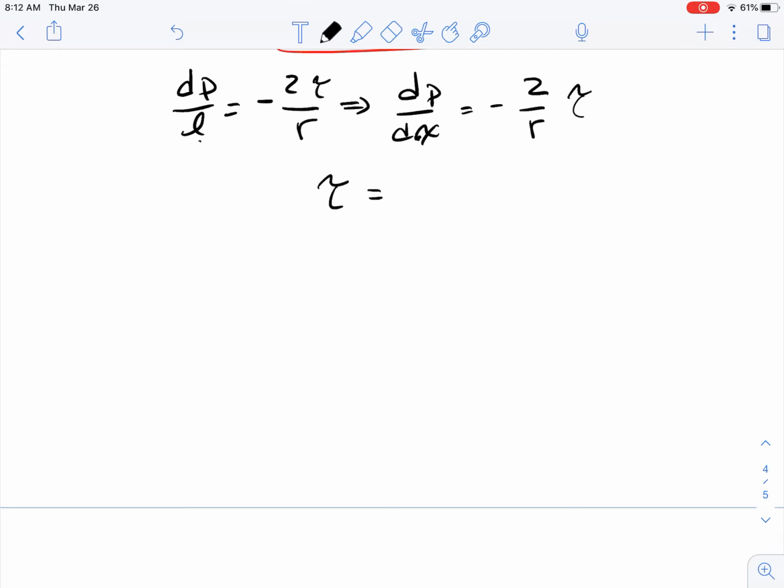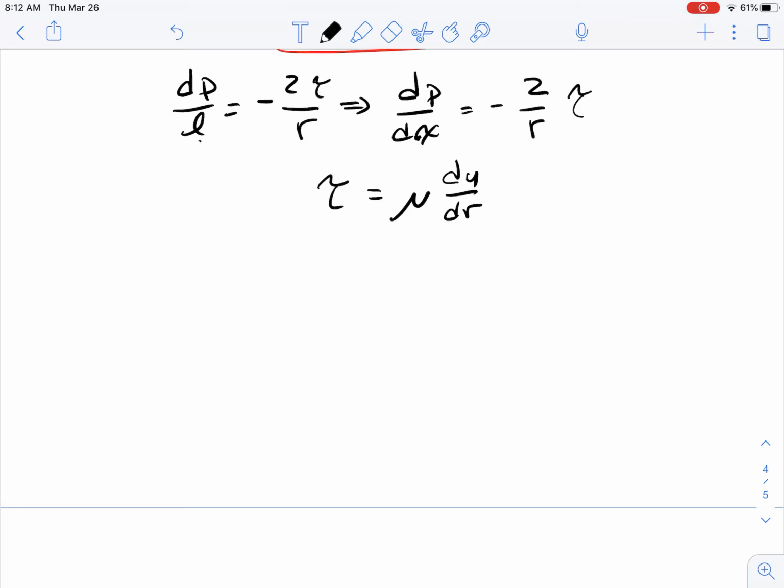And we know that the shear stress is equal to mu times du/dr. This is similar to what we had in the channel flow case, where for the channel it was mu du/dy. But now our coordinate that is normal to the wall is r, the radial coordinate in our cylindrical coordinate system.